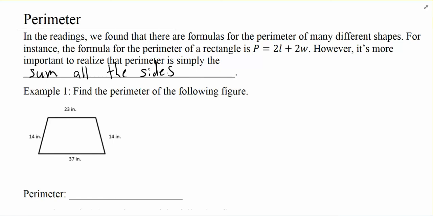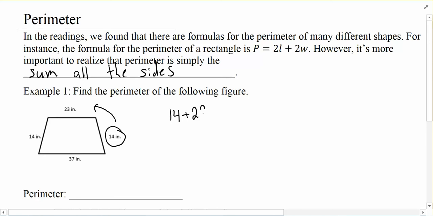So for instance, in this first example of a trapezoid, if I want to find the perimeter, I would usually start off and identify which side I'm starting at so I don't double count or forget. Say I'm going to add 14, and then go counterclockwise around. I'm going to add 14, 23, the other 14, and the 37 together.